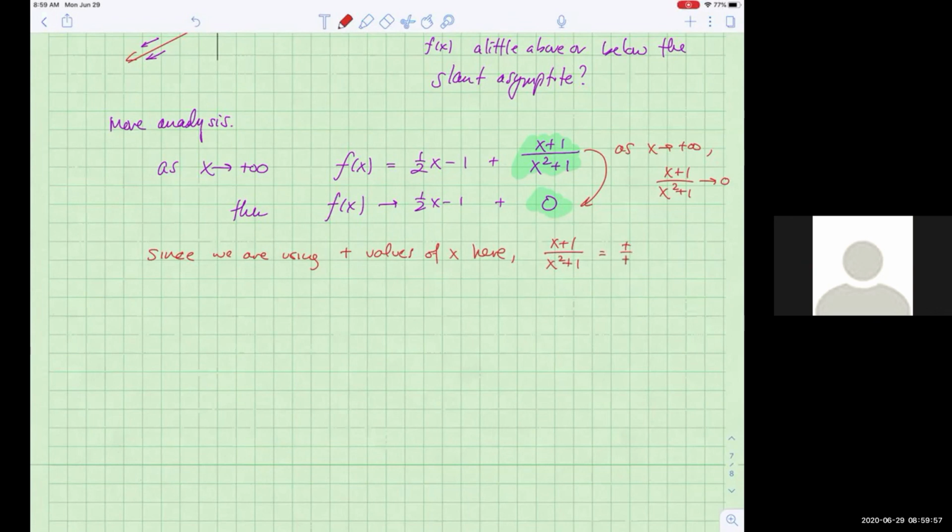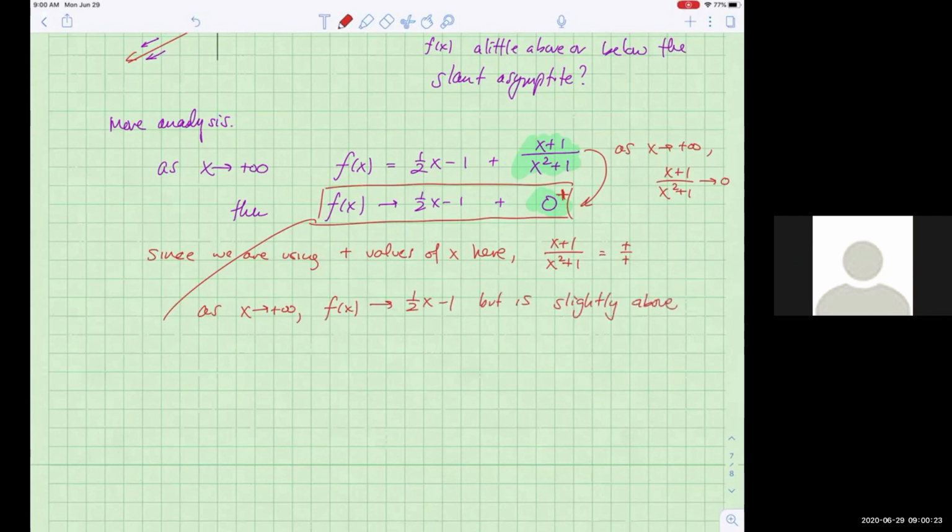And so this is actually 0 plus, meaning that as x approaches positive infinity, f of x approaches the line 1/2 x minus 1, but is slightly above or greater than 1/2 x minus 1.